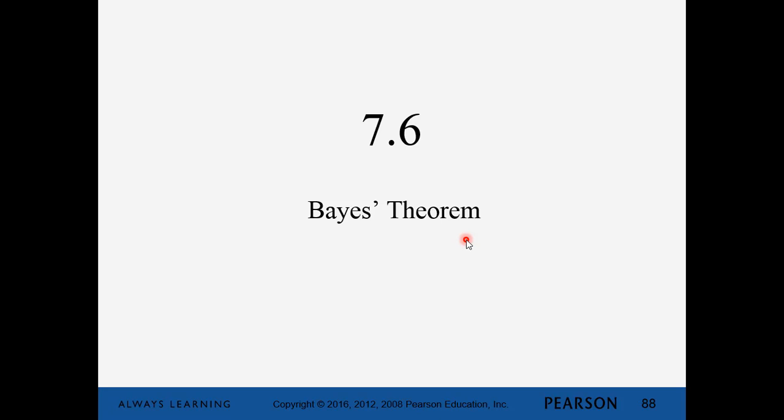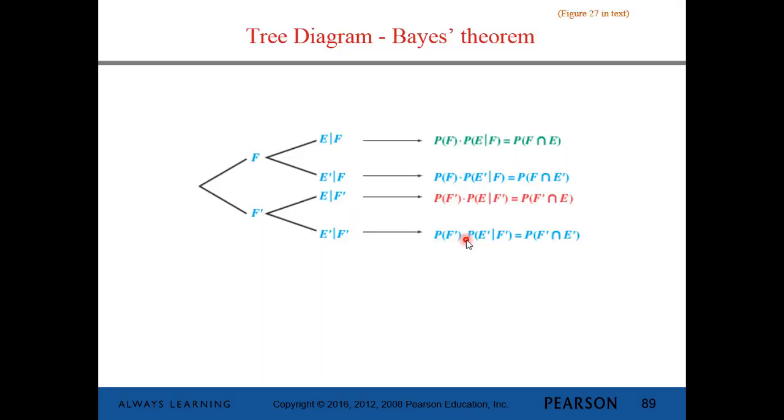So what you're doing is you're taking the sample space and partitioning it into different events, where if you add up all of those events, it adds up to the sample space. And then you've got this one event that you're interested in, but that event overlaps many of these other events. Bayes' theorem is a way of calculating conditional probability by considering all of those partitions. Okay, so this is the idea.